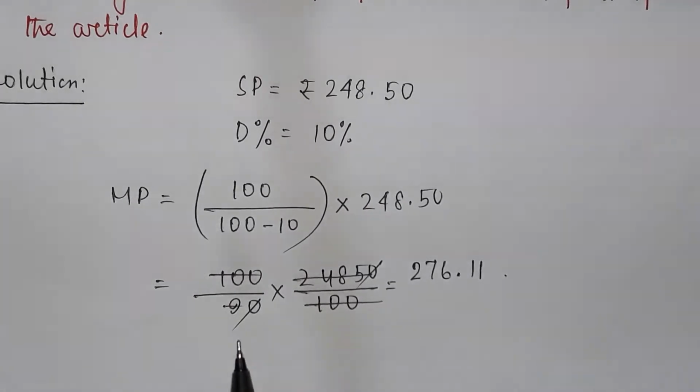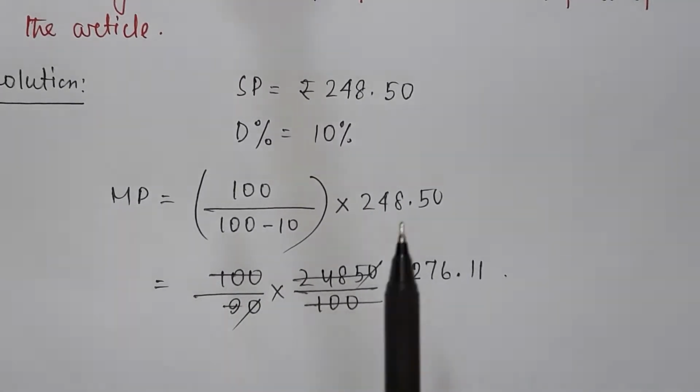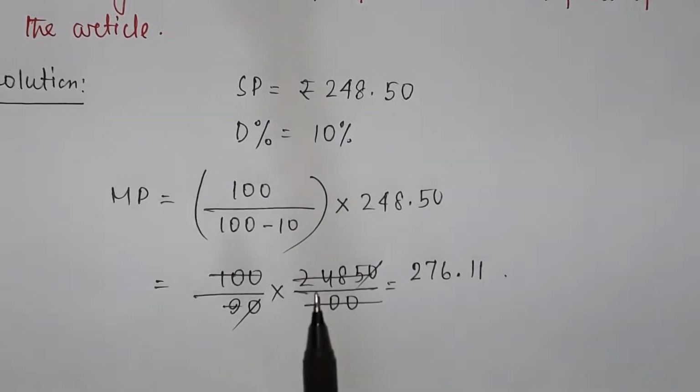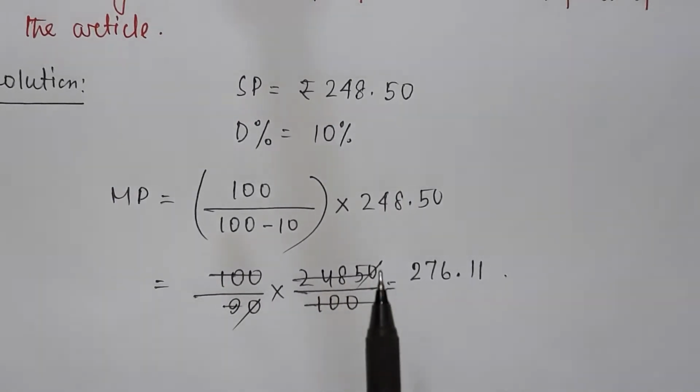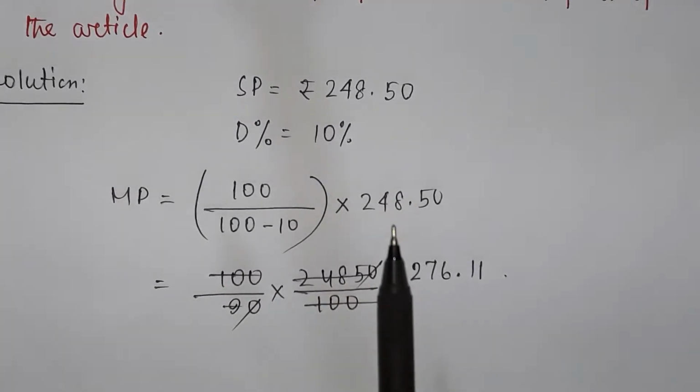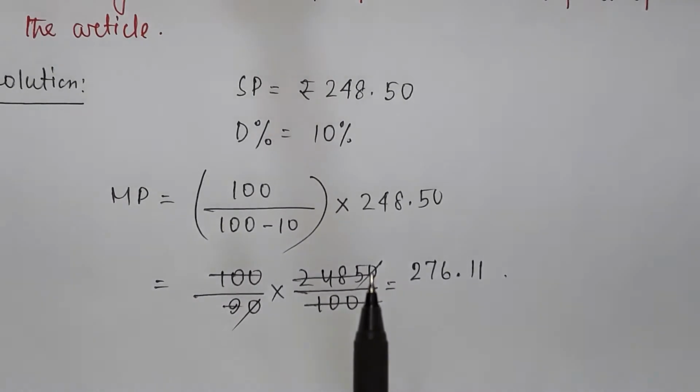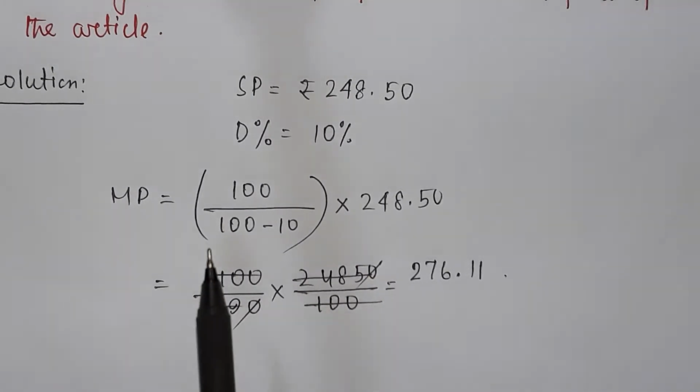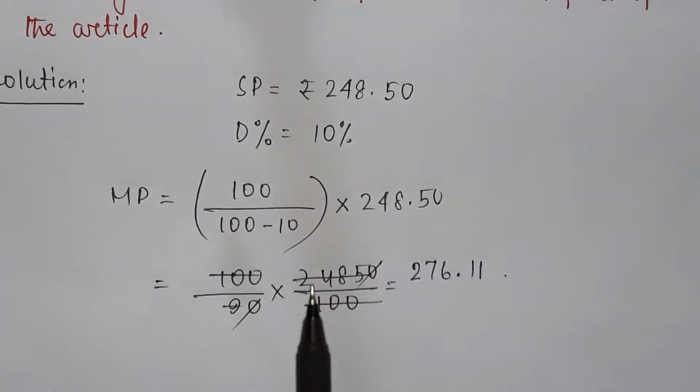Now if you calculate, you will get 100 by 90 into 248.50, which can be written as 24850 by 100 to remove the decimal. 10 cancels with this 10, this 100 cancels with this 100, so we'll get 2485 by 9, which equals 276.11. That means the marked price of the article is 276.11.